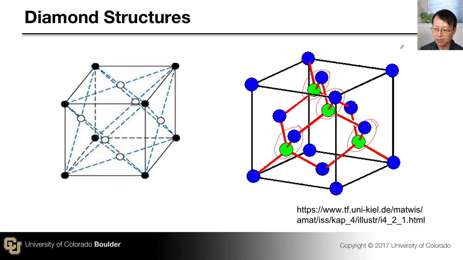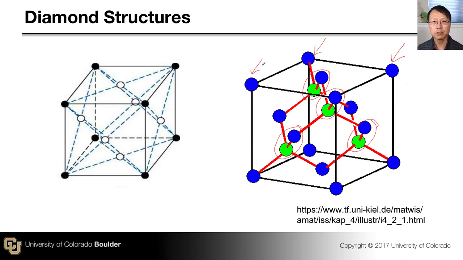It's a two-atom basis. Now, these other blue atoms also should have green atoms that pair up with them to make up a basis, but they are located outside this cubic unit cell, so they are not shown here.